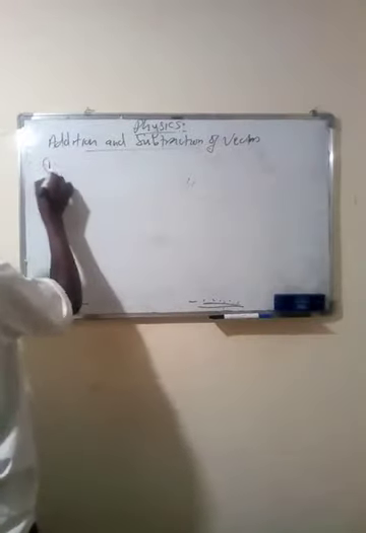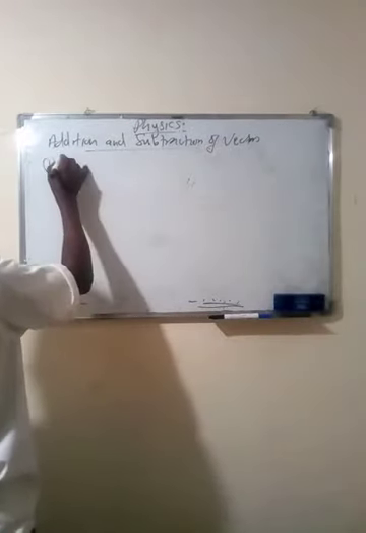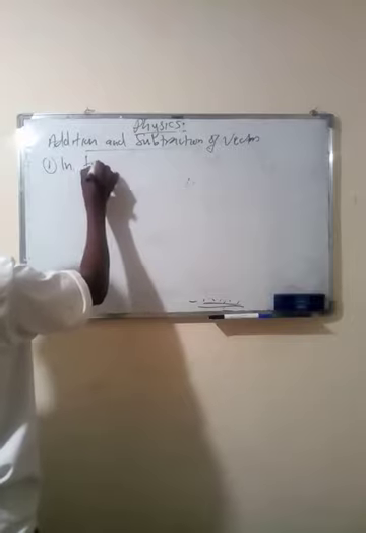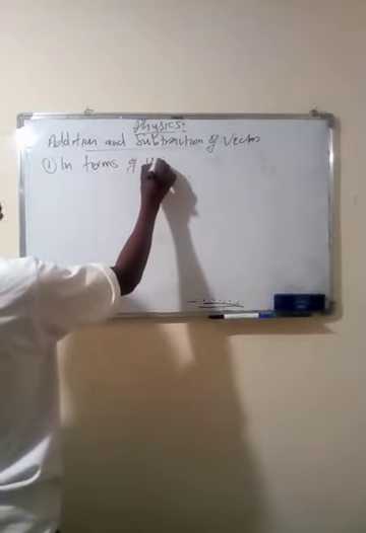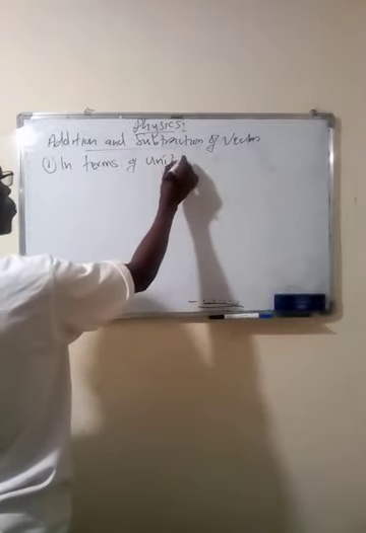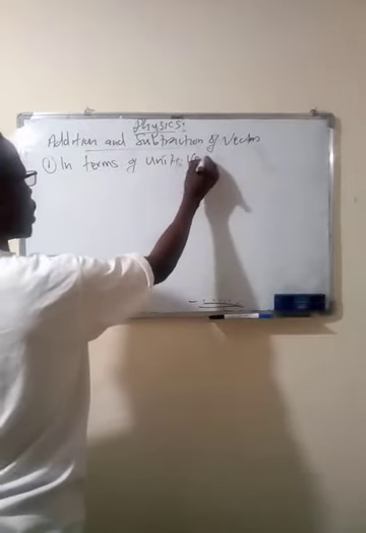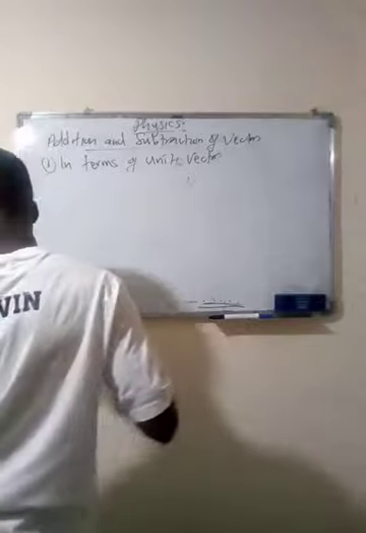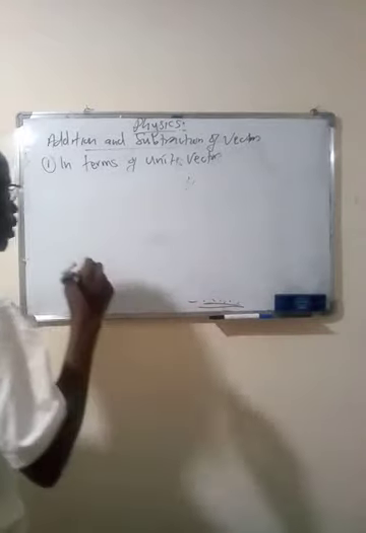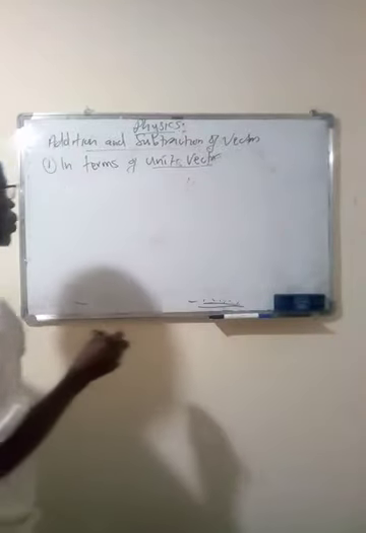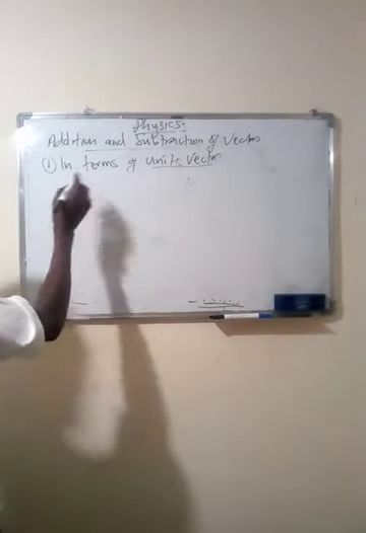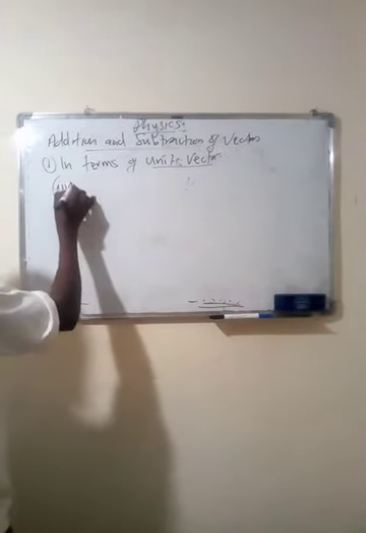Number one, in terms of unit vectors. We can add or subtract vectors when they are given in the form of unit vectors.